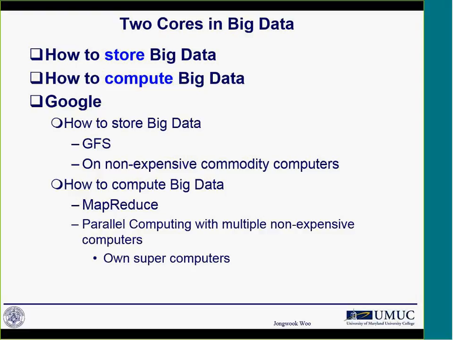Actually, Google is the first company who experienced this issue. So Google built their own system to store large-scale data sets and named it GFS, the Google File System, or Google Distributed File System. And they use non-expensive commodity servers.